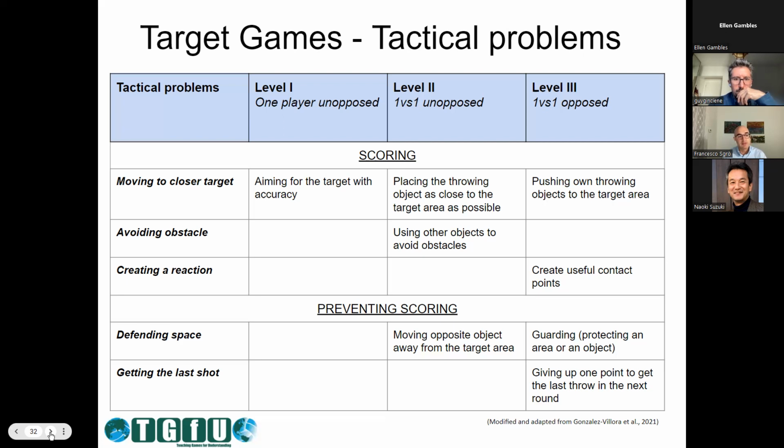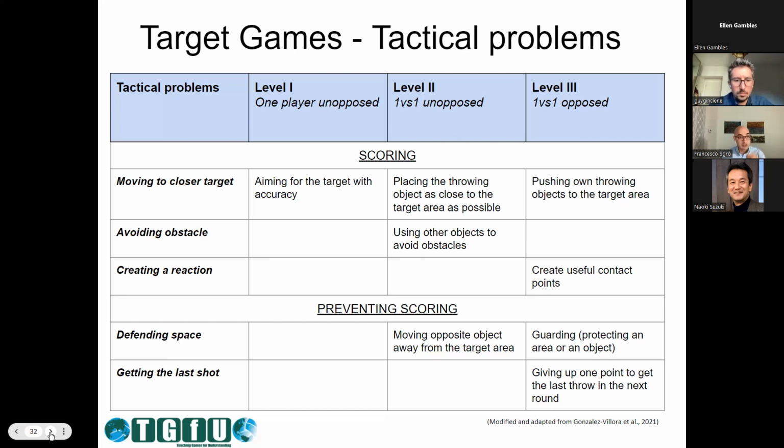For each tactical problem, we can identify several of the tactical principles described before. For example, for moving closer to the target, we can associate to this tactical problem tactical principles such as orientation and positioning, trajectory and power, and throw selection.